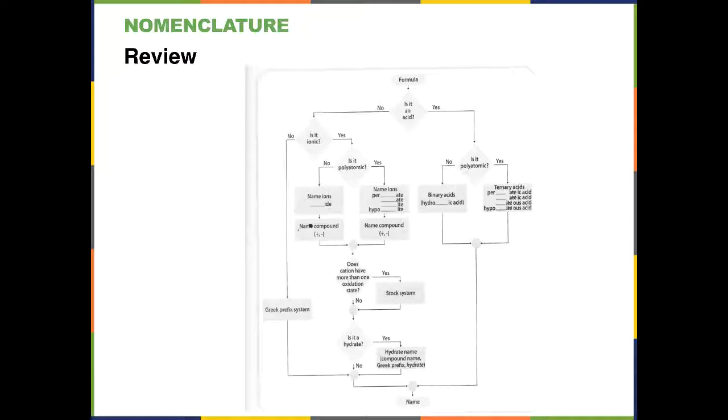Now go back up to the top of this table and you see that if the answer is no, it's not an acid, then you have to answer the question, is this ionic or not? If it is ionic, then you have to answer the question, polyatomic or not. If it's not polyatomic, it's a binary ionic compound, and its name is very simple. It starts out with the cation, and the anion has the -ide suffix.